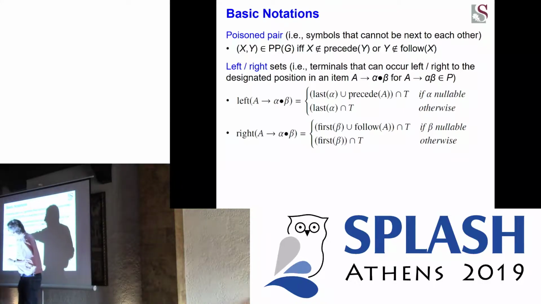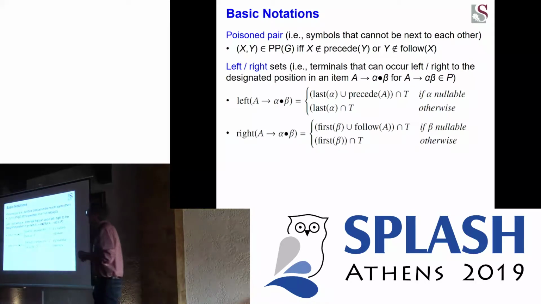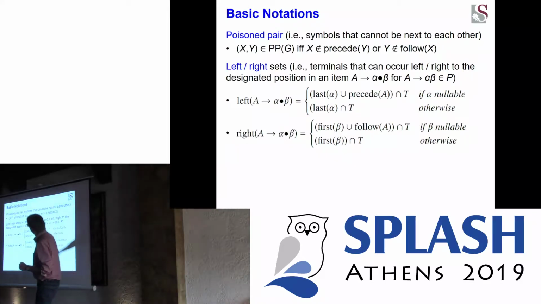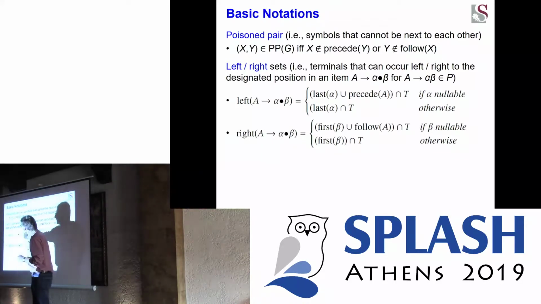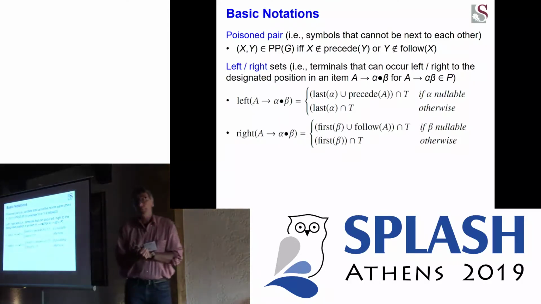We have the designated position between alpha and beta. And the left set is all the tokens that can show up right to the left of this bullet. Right? So it's the last of alpha if alpha is not nullable. Otherwise, it is the union of last of alpha and precede A, restricted to the token sets. And the same for right.